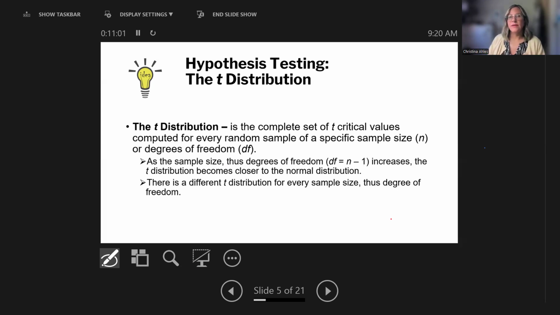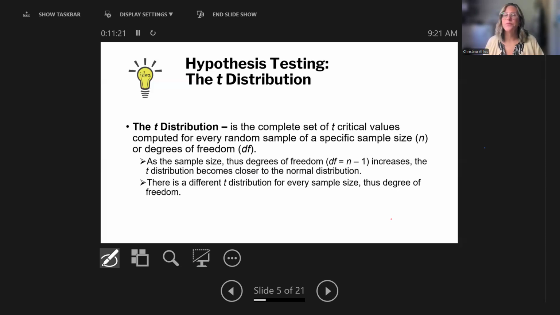Just like we talked about with the central limit theorem, as the sample size or the degrees of freedom increases, the t distribution becomes closer to a normal distribution. And there is a different t distribution for every sample size.